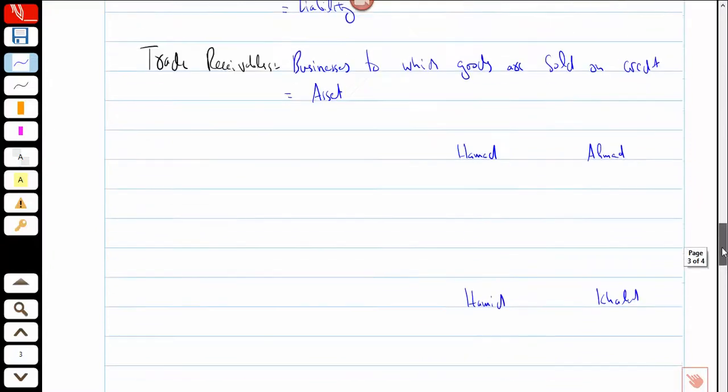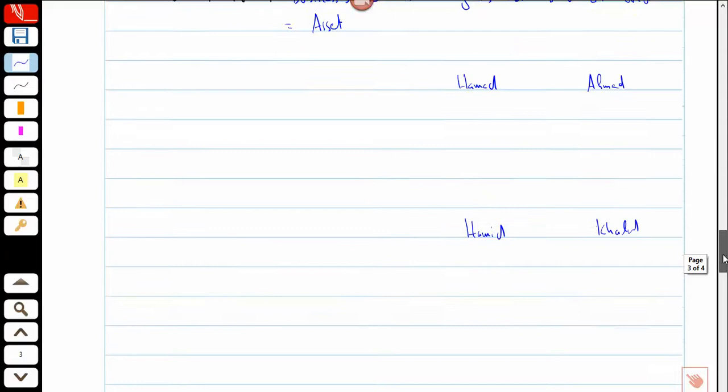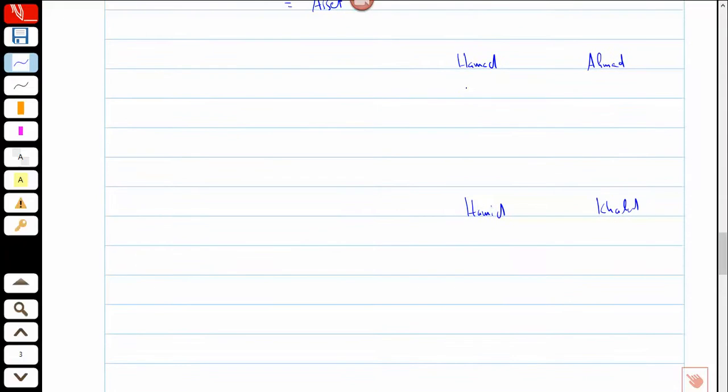From Ahmad, Khalid buys. So he records like this: debit purchases, credit trade payables. Ahmad would record the opposite of that. He would record debit trade receivables and credit sales.